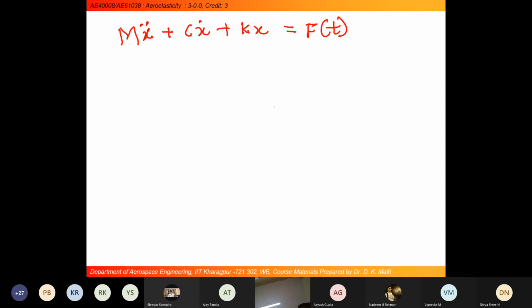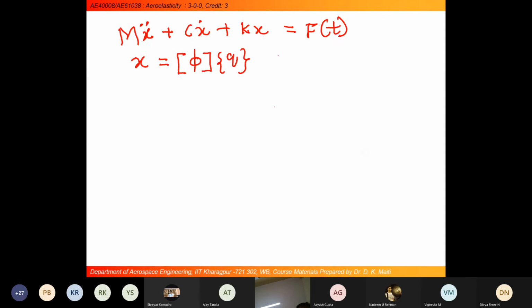Suppose this multi-degree of freedom system has n frequencies and mode shapes. So x I will define as phi, the modal vector, multiplied by q, the modal coordinate.